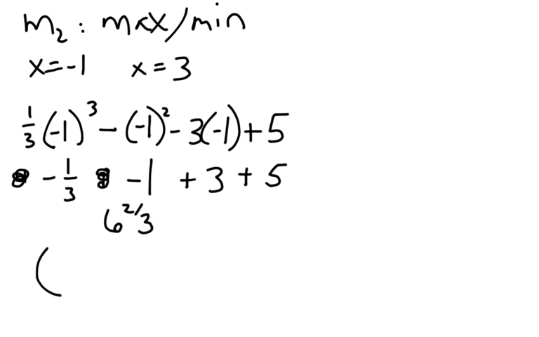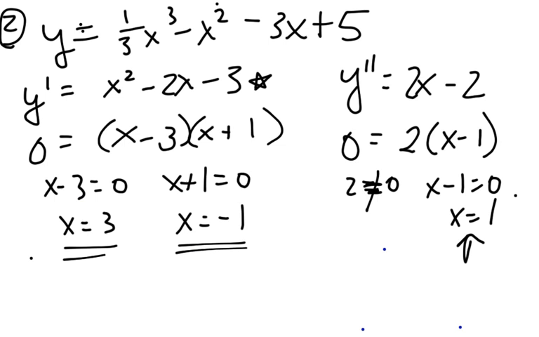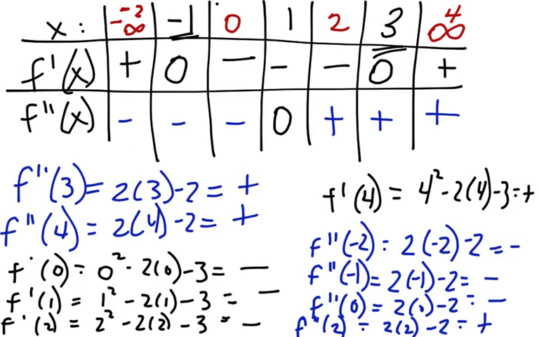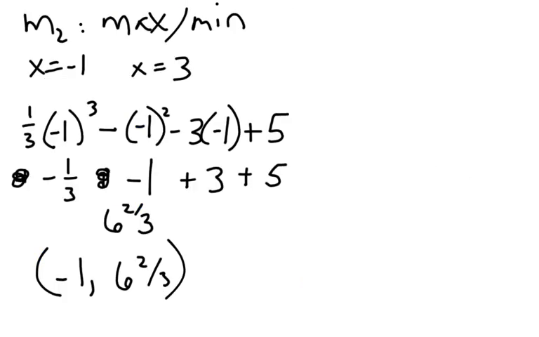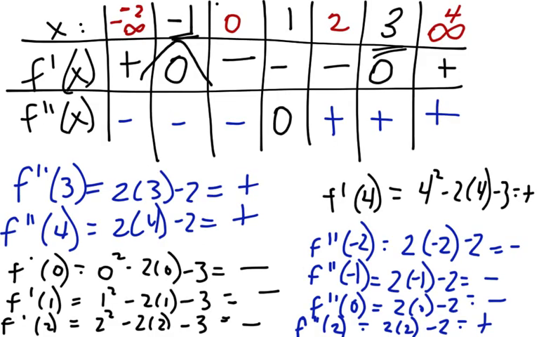So -1, comma, 6 2/3. Now, can you tell me, is this a maximum or a minimum? Well, let's look back at our sign chart. Alright, at -1, it goes from positive to negative, increasing to decreasing. That's a maximum. Okay, what about the minimum? The minimum is at 3 because it goes decreasing to increasing.